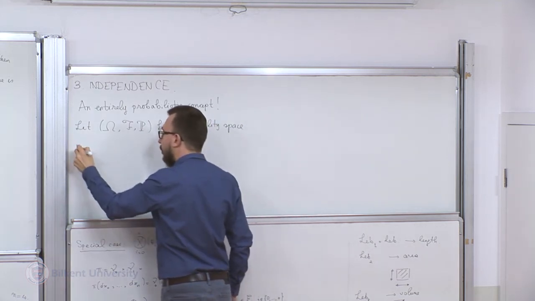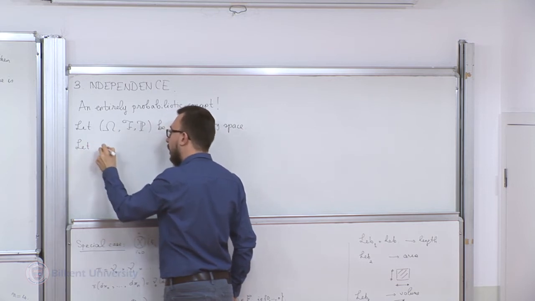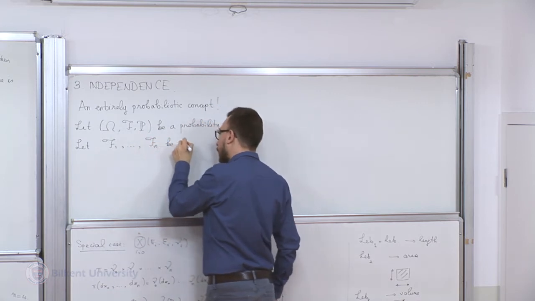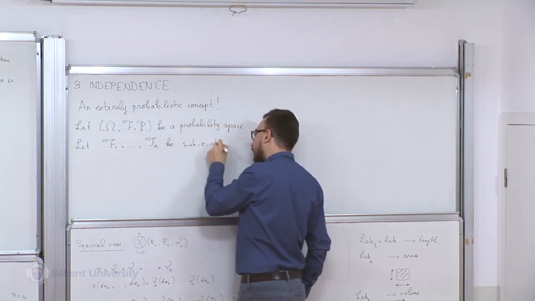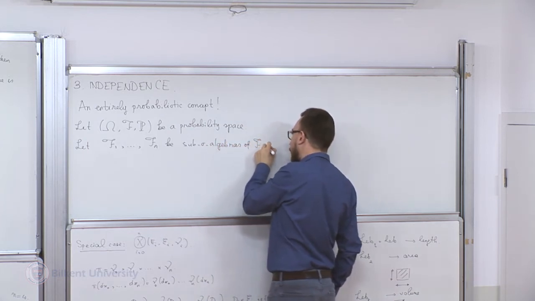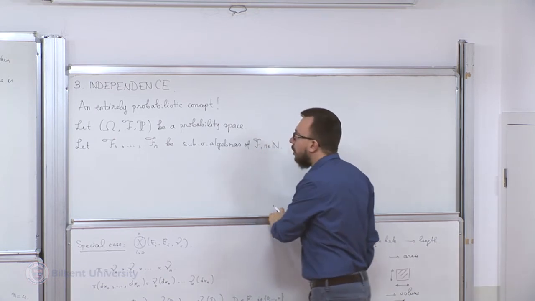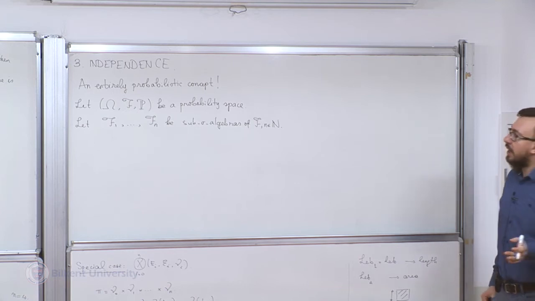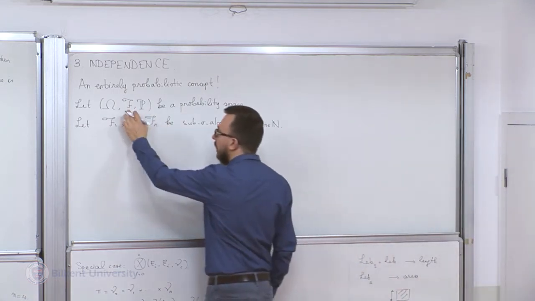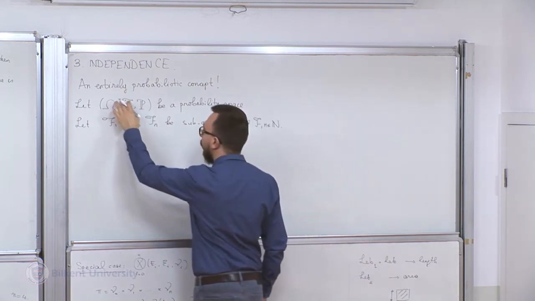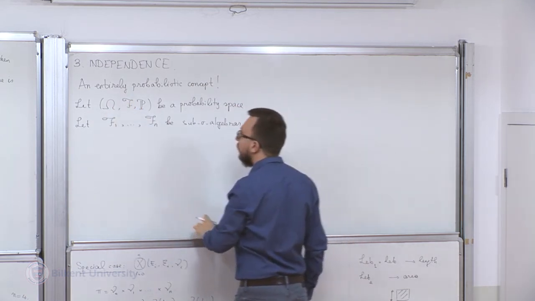So here's the definition. Before the definition, let F1 to Fn be subsigma algebras of F, where n is some finite number. So what is a subsigma algebra? A subsigma algebra is a sigma algebra that is smaller than the big sigma algebra. So they're all subcollections of F, and they're all sigma algebras.